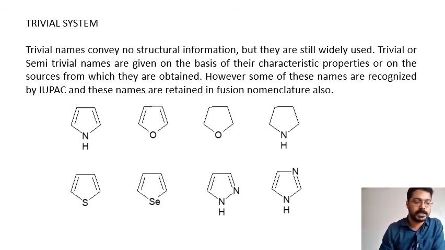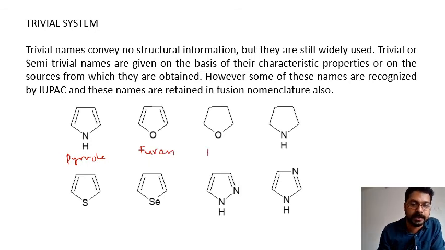Okay, for example, first one is pyrrole. It is furan, and its saturated analog is tetrahydrofuran, THF, a well-known solvent. The saturated analog of pyrrole is pyrrolidine.